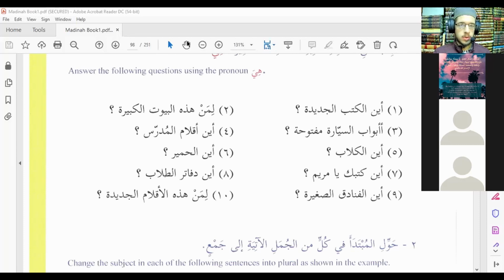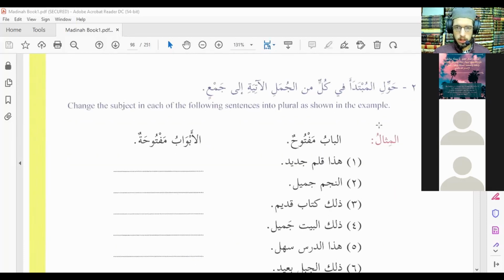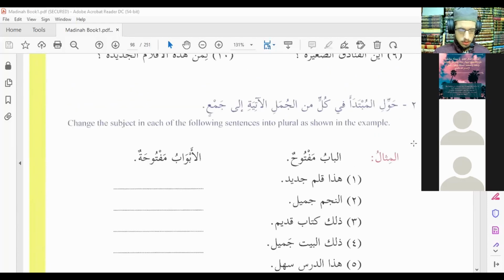Right, so I would suggest that be for homework, and then we're going to come to exercise 2 together next class, inshallah ta'ala. Anyone have any questions before we depart? I just didn't understand what we were looking for in Juz Amma.